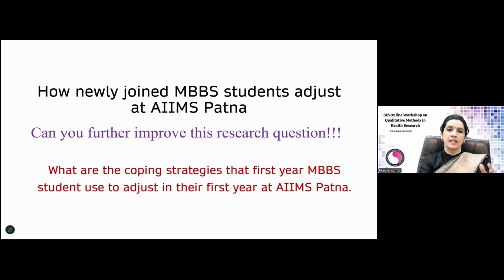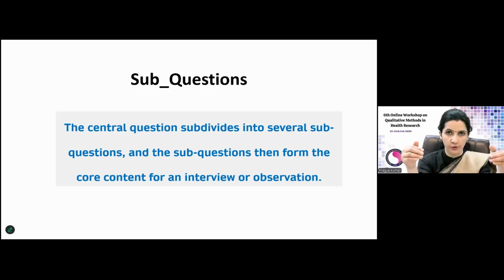And then there are sub questions related to these central phenomena. These sub questions help you in formulation. Because the central question is a very broad one, you divide it into many sub questions which will form the core content for an interview or observation.